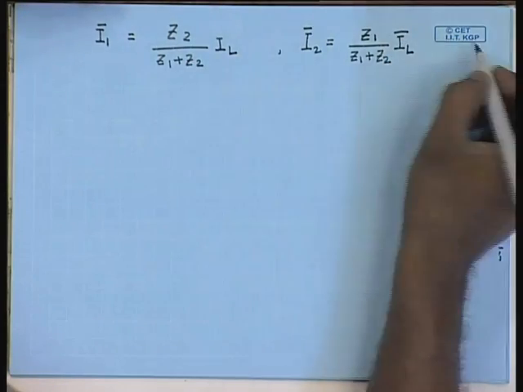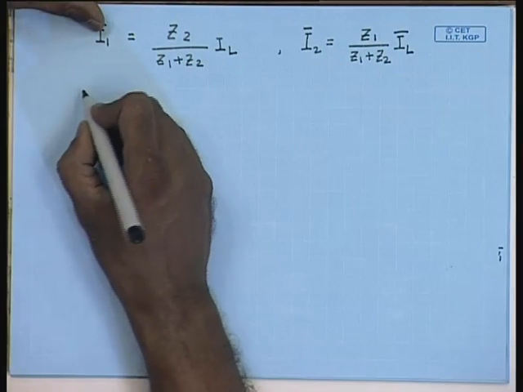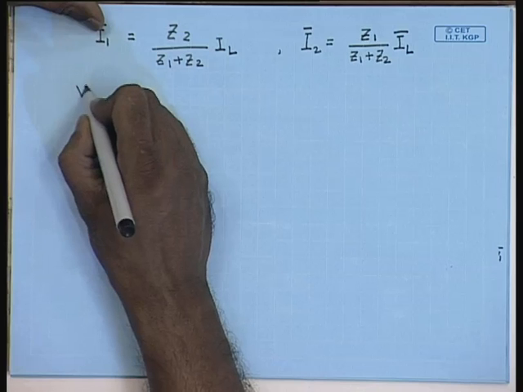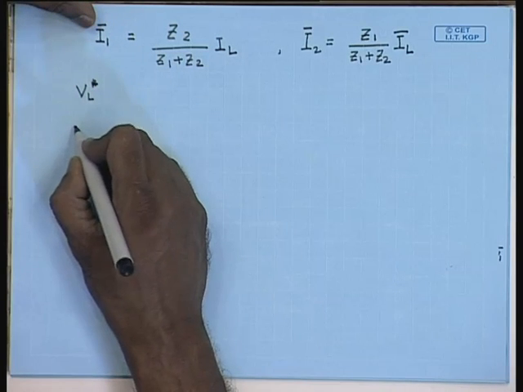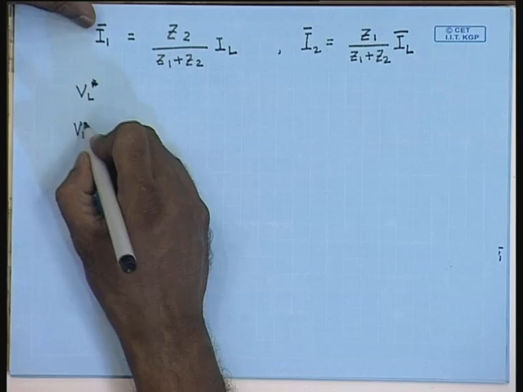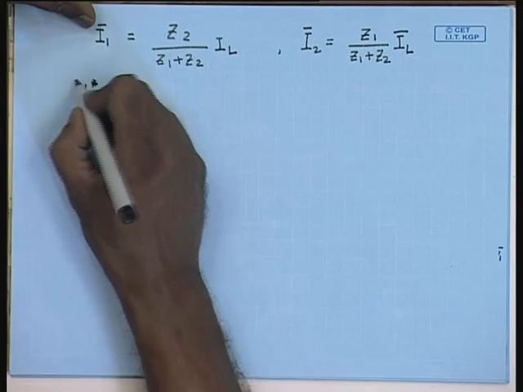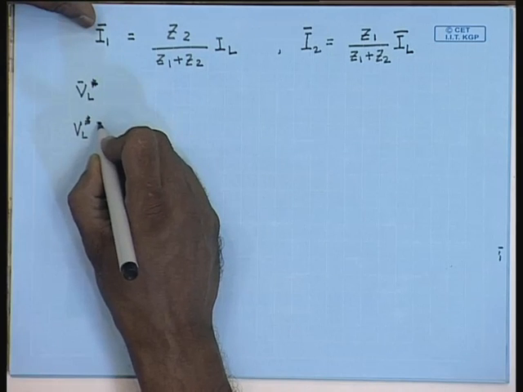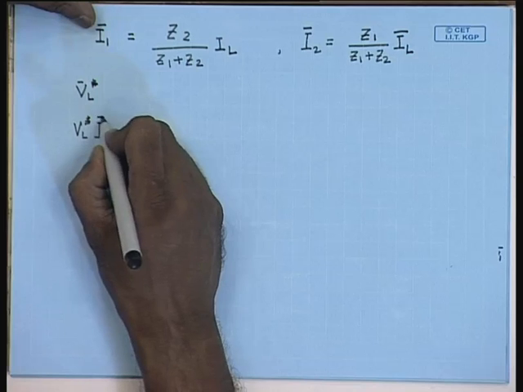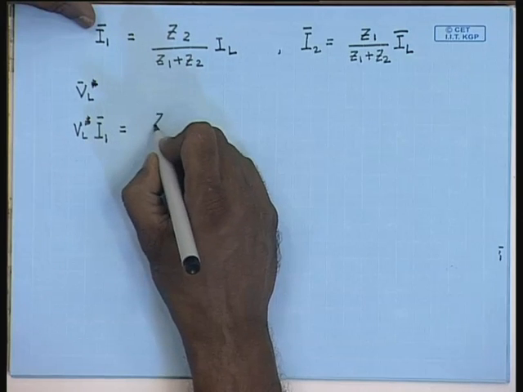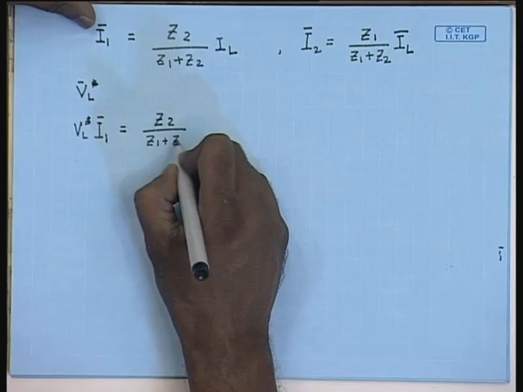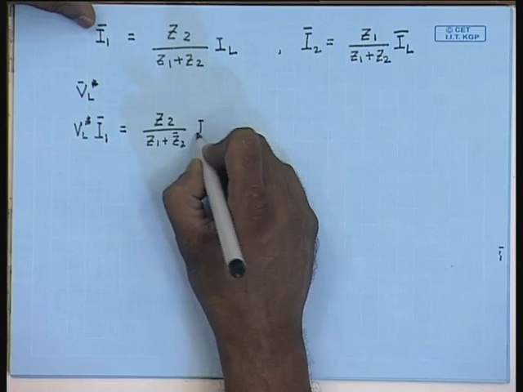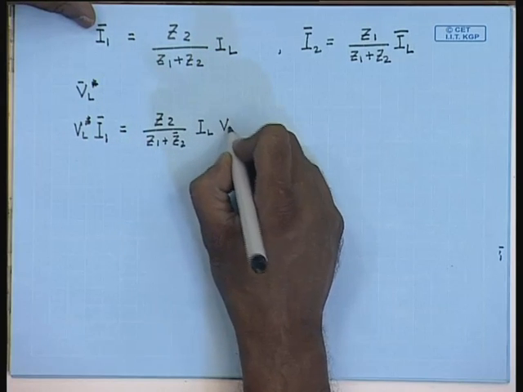Now, multiplying both sides of this equation with VL star, where star denotes complex conjugate, we get VL star I1 equal to Z2 divided by Z1 plus Z2 into IL VL star.